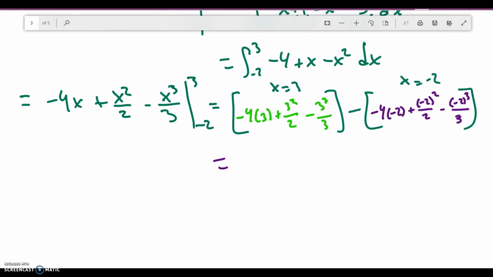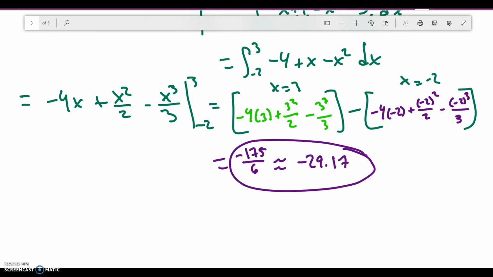When I put this in my calculator, what I end up getting is 125 divided by 6, or approximately 20.83.